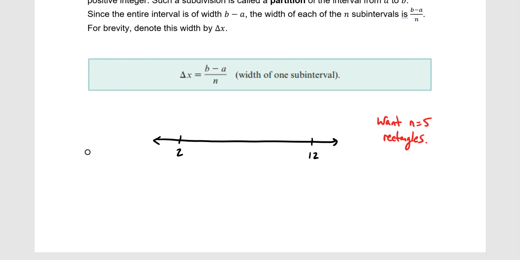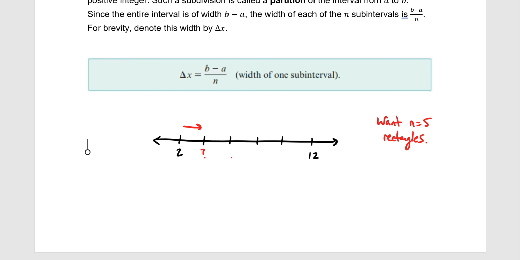That means we need to chop up this interval into 5 equal parts. So we have 5 equal parts, right? We have 1, 2, 3, 4, 5. The question is, what are these numbers going to be? And what is going to be the width, one of these widths from one number to the next number?